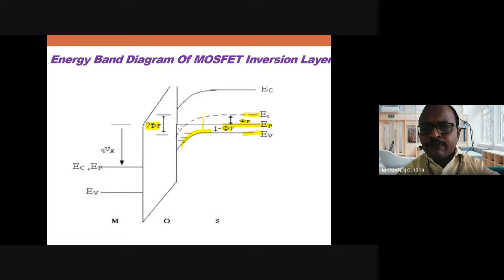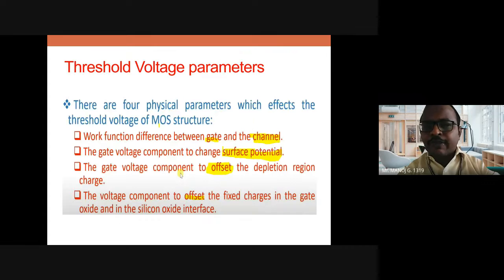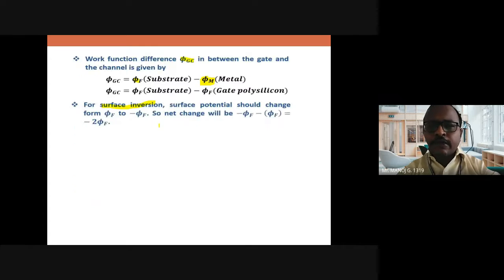So the total Fermi shift, or the surface inversion value, is given to be 2 times phi f. That's what you'll be deriving. So it is the difference from phi f to minus phi f. From the energy band diagram, it is given by a difference of the values, and when you evaluate it, the total value is minus 2 times phi f. This is the second parameter.